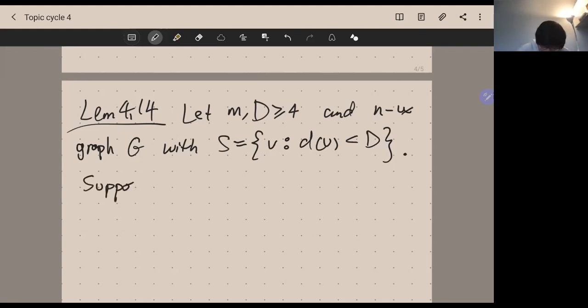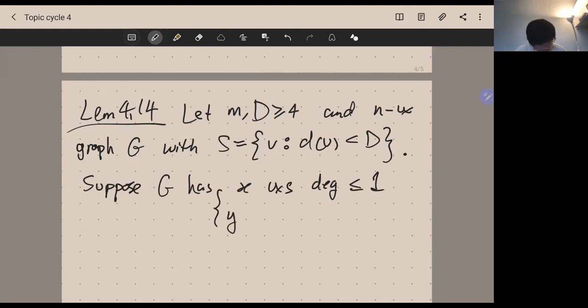Suppose G has X vertices of degree at most 1, and Y is the number of S rings. Oh, I can just define it to be X, right?